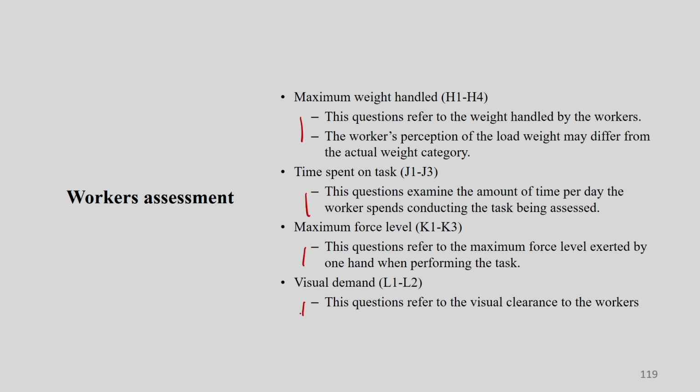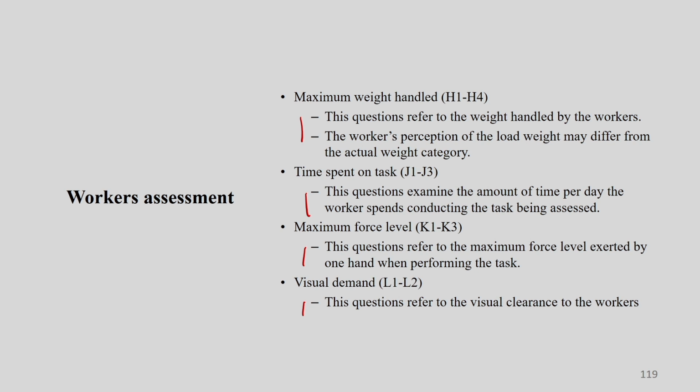For visual demand, you are trying to answer that this question refers to the visual clearance of the work. So if you are working, how clear it is. Force level: this question refers to the maximum force level exerted by one hand when performing the task. Very important, so you can do it for left hand and right hand separately, with one hand.